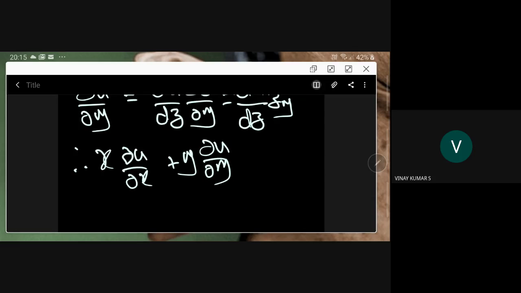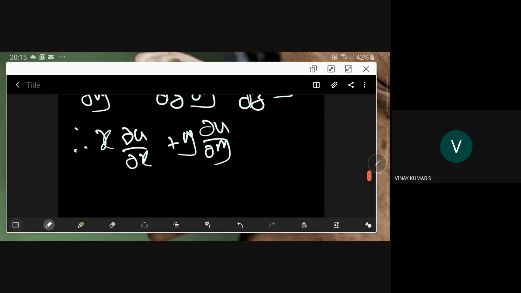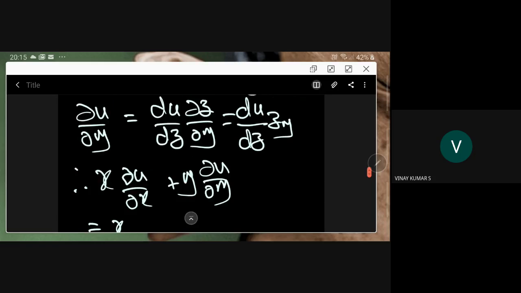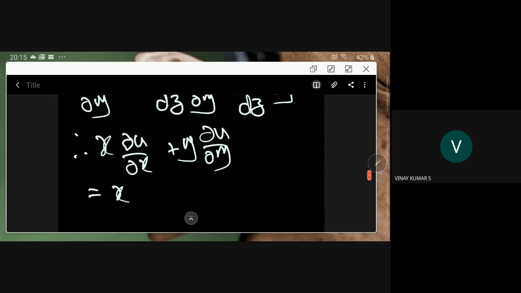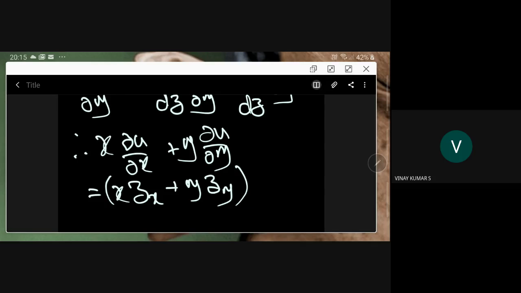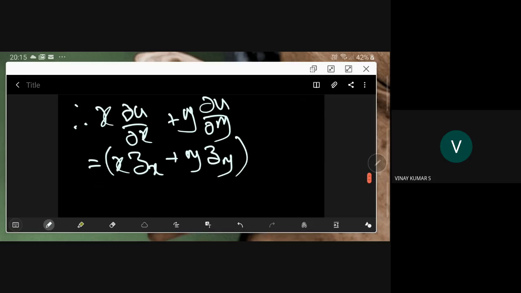is equal to x into, right, ∂u/∂x is du/dz into z_x. So x into z_x plus y into z_y into, the common thing here, du/dz is common. But what is x ∂z/∂x plus y ∂z/∂y?